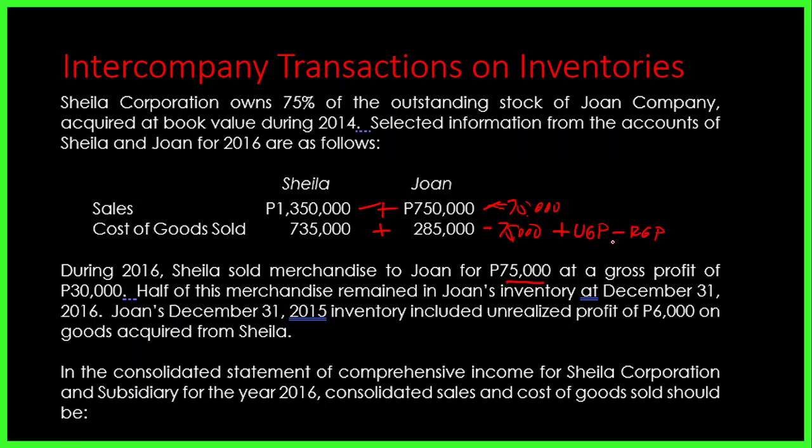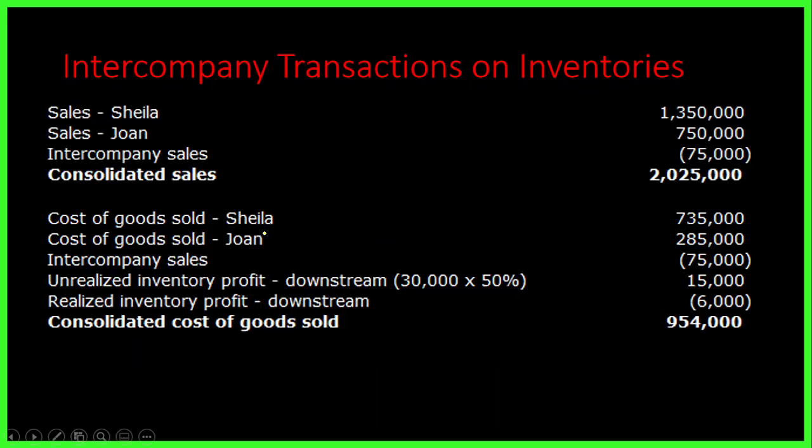By reducing your cost of goods sold by your realized gross profit, you're actually increasing your CNI. Kaya dinadagdag to sa CNI. When you add your unrealized gross profit to your cost of goods sold, bumababa naman yung CNI natin. Okay po?